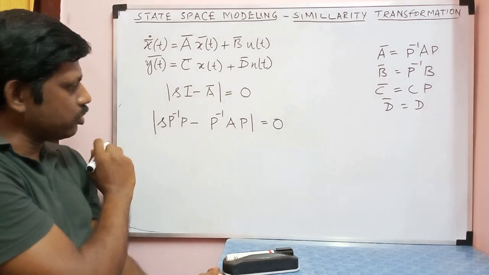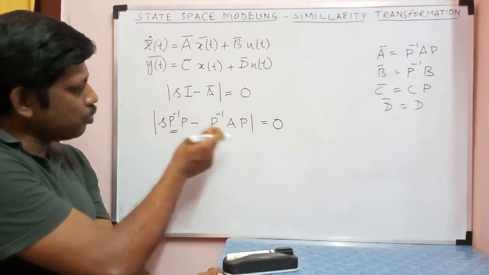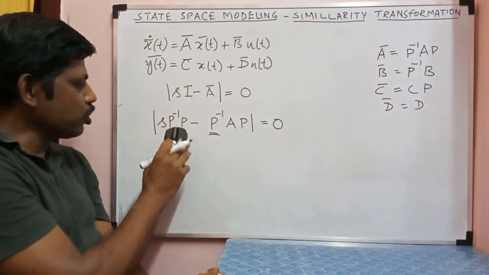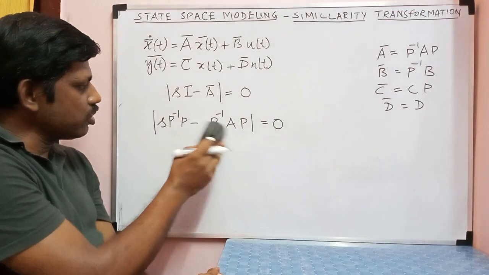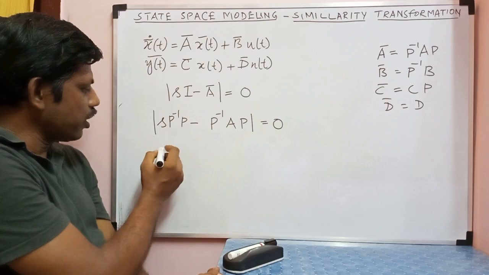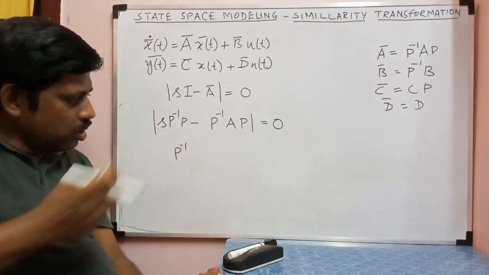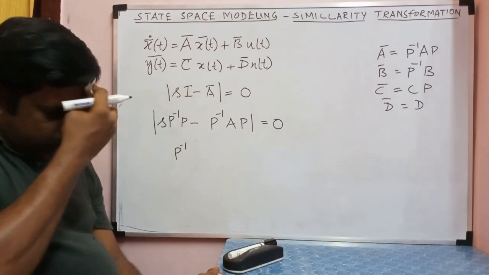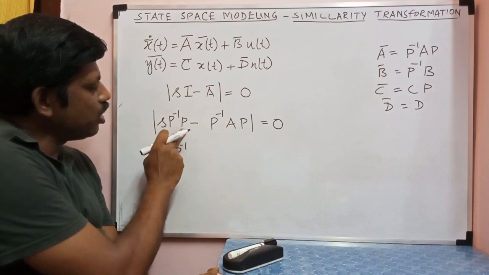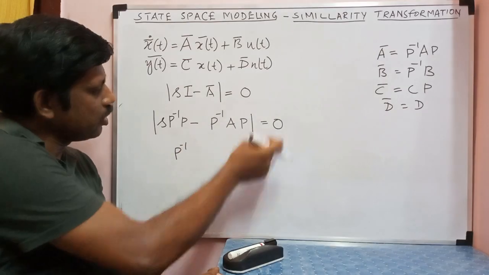Now if you look at this, P inverse is pre-multiplied in both these terms. Please note that S is a scalar. So since P inverse is pre-multiplied, I can take it outside, and similarly P appears post-multiplied also, so I can take it to the other side.